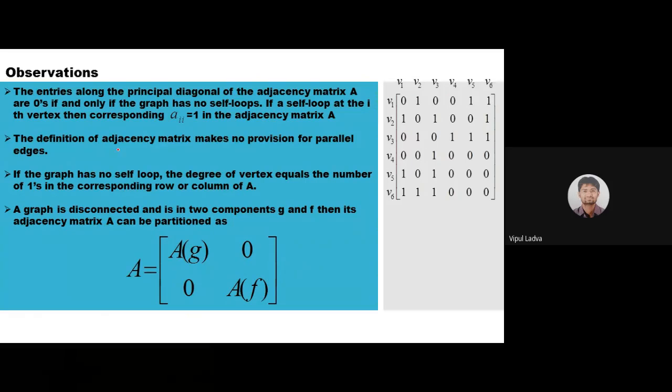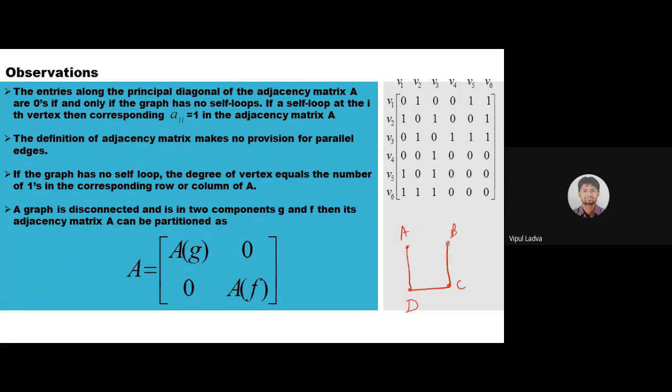Then, the definition of adjacency matrix has no provision for parallel edges. We are not going to allow parallel edges. Why are we not allowing parallel edges? What will be the problem if I'm having a graph with the vertices A, B, C, D?